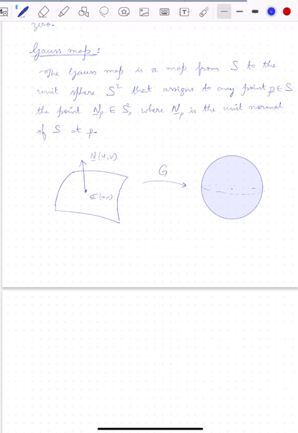And it will always be pointing from the origin to a point on the surface boundary here. So we have n vector uv. This is the origin. So this is what is the Gauss map.